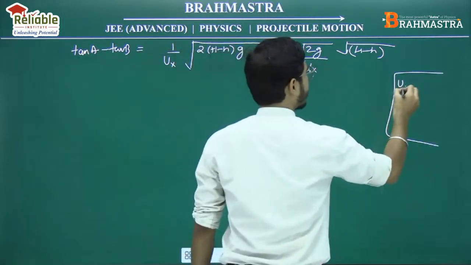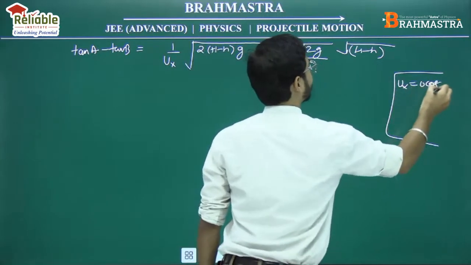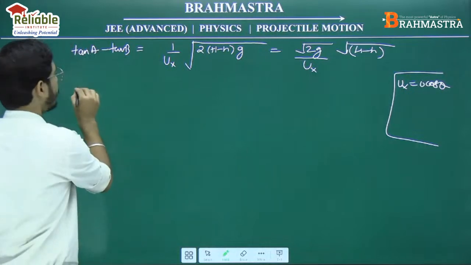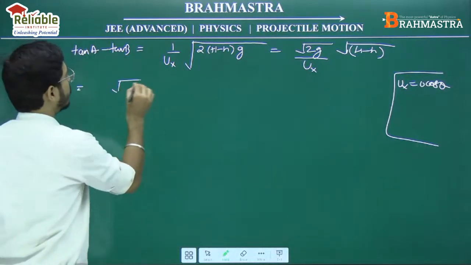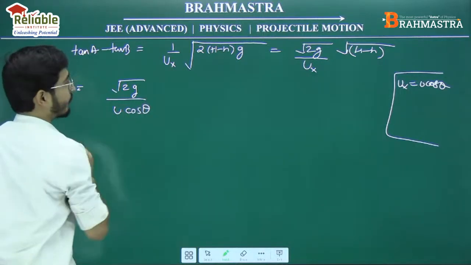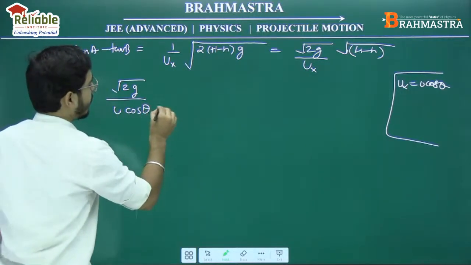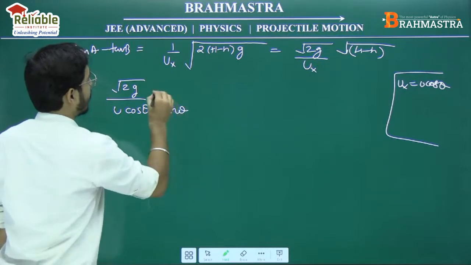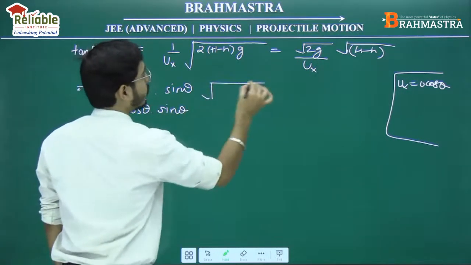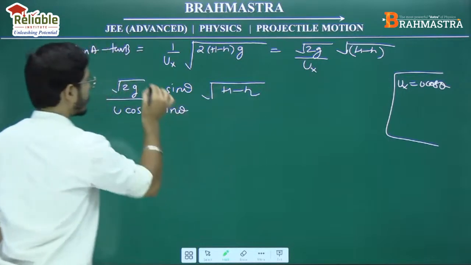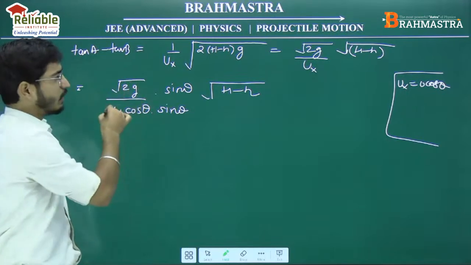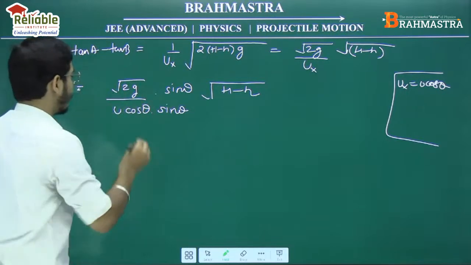Ux is basically u cos theta. Okay, so I also have to introduce theta. So root 2g, what if I write it as u cos theta? And if I divide it with the cos theta, I must multiply it with the sine theta. And there is a reason why I am doing this, because this is the factor which I don't know what to do with. So I just want to convert this into the maximum height expression.